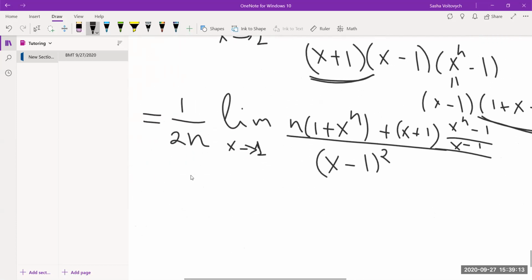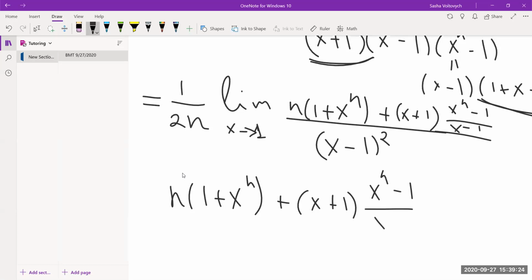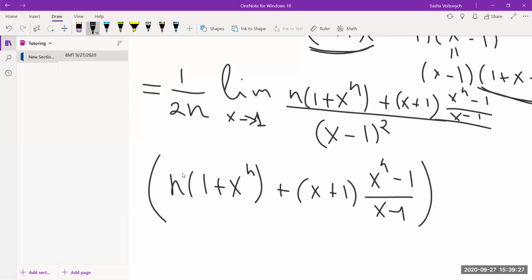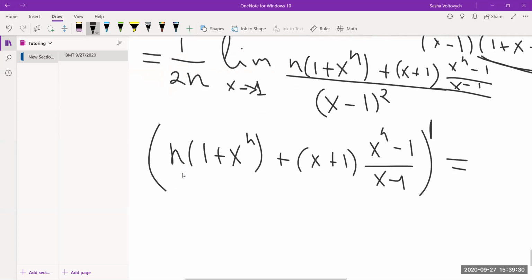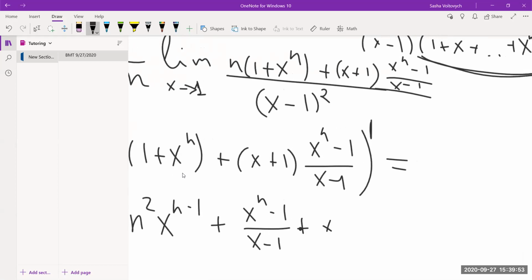So now we apply L'Hopital's rule. n times (1 plus x to the power of n) plus (x plus 1) times (x to the power of n minus 1), over x minus 1, prime, is equal to n squared x to the power of n minus 1 plus, so this will be one of the terms.